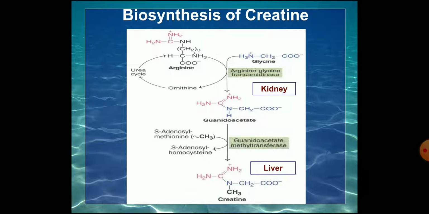In the next step, S-adenosyl methionine, that is SAM, donates a methyl group to the guanidoacetate by the enzyme guanidoacetate methyltransferase to form creatine, which takes place in the liver. So the first reaction takes place only in the kidney, not in the liver. The second reaction, the transfer of the methyl group to guanidoacetate to form creatine, takes place in the liver. So now the creatine is finally synthesized in the liver.